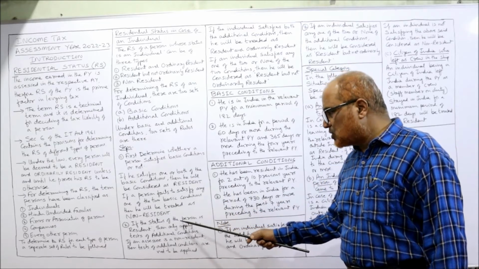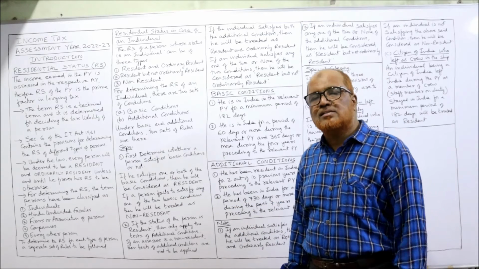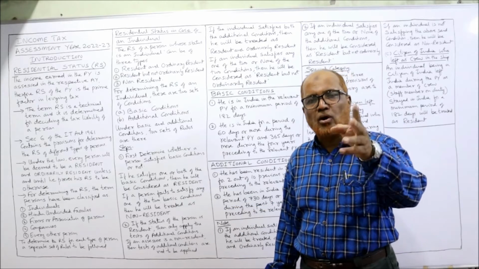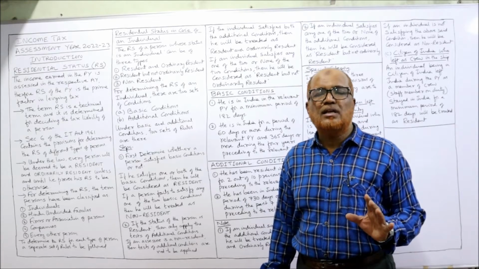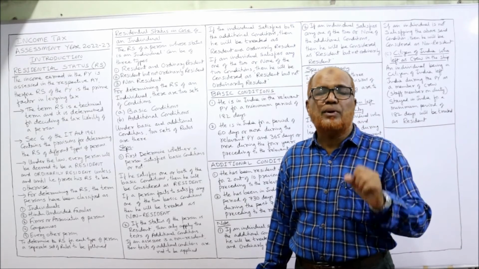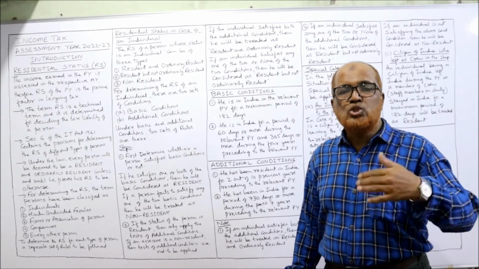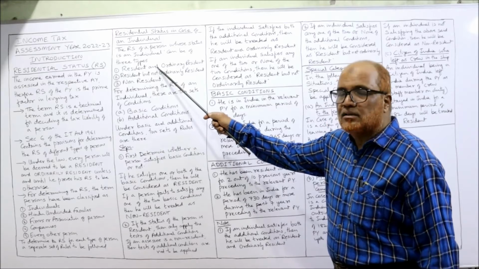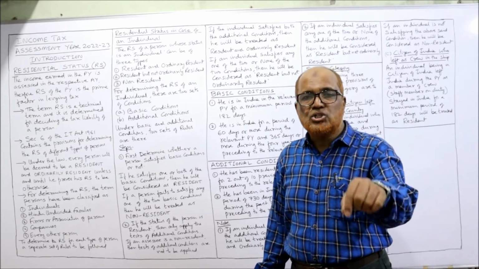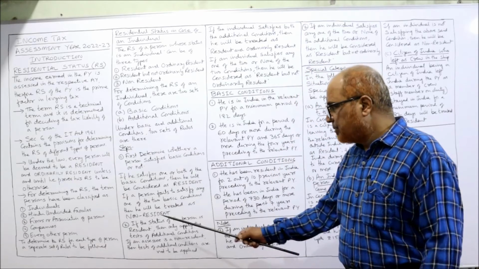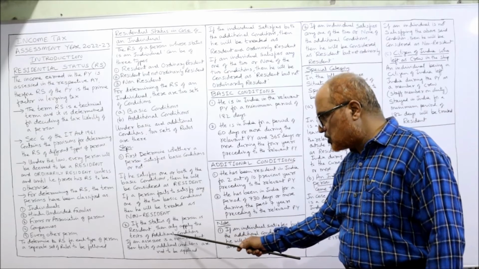Second, if the status of the person is resident, that means the person satisfies the first basic condition or both the basic conditions, then we can say the person is a resident person. After finding out that he is a resident, we have to check whether he is ordinarily resident or not ordinarily resident. For that purpose, additional conditions are given. If the status of the person is resident, then only apply the test of additional conditions.